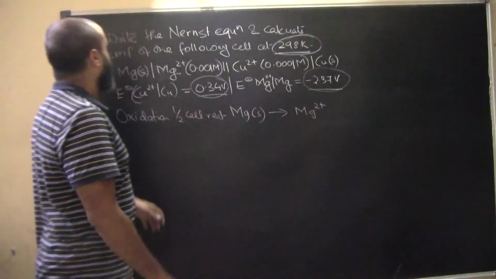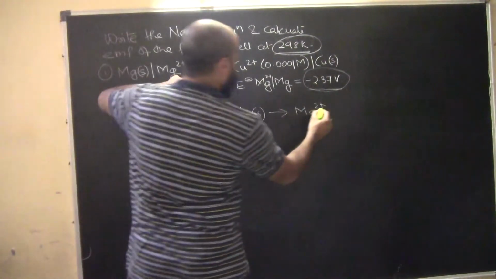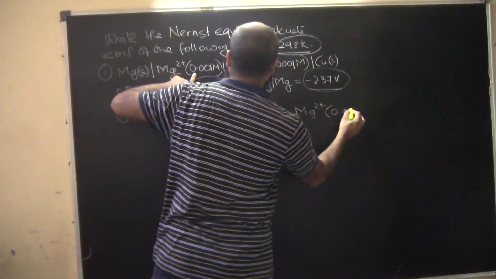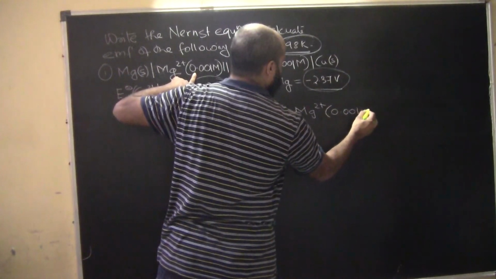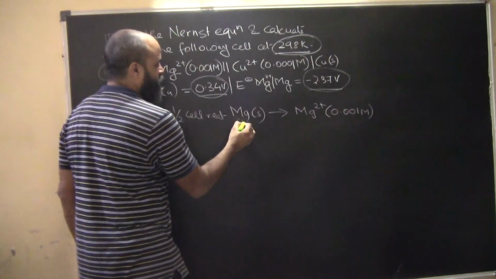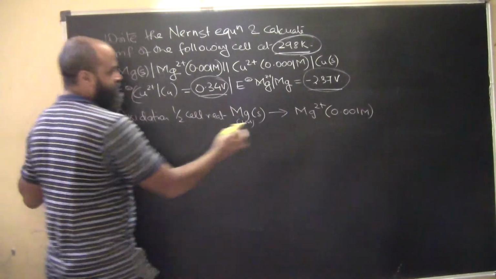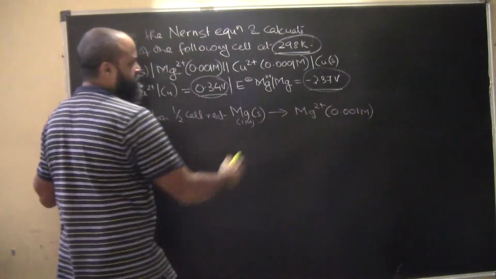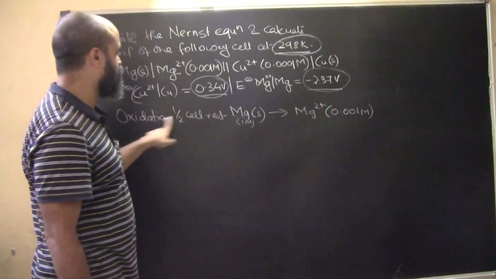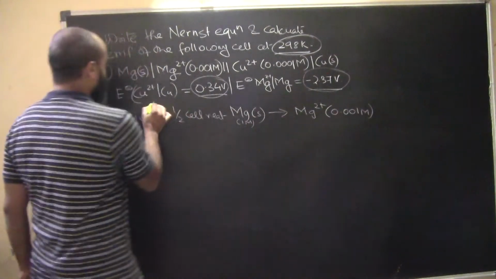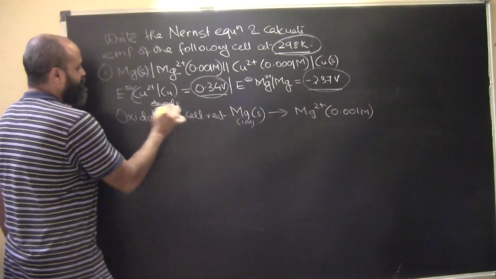The concentration of magnesium ions is given to be 0.001 molar. We know for the solid it will always be 1 molar. Oxidation takes place at the anode, so this is basically the anode reaction.